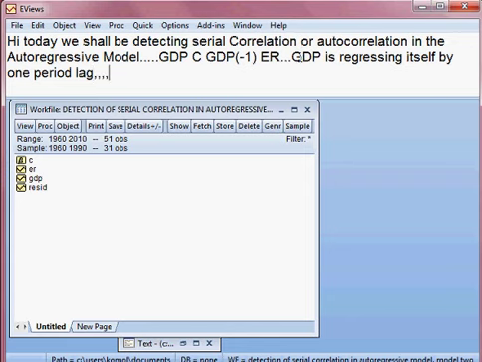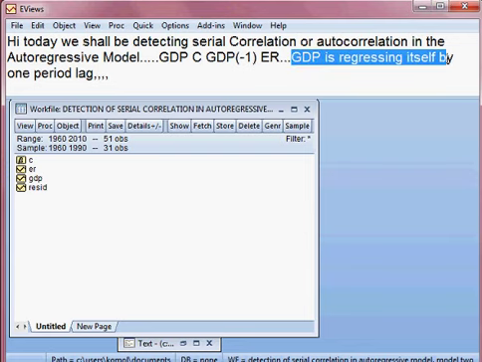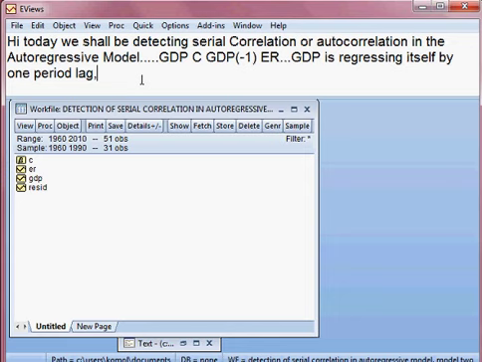GDP is regressing itself by 1 period lag, and when this happens we can call it an autoregressive model.